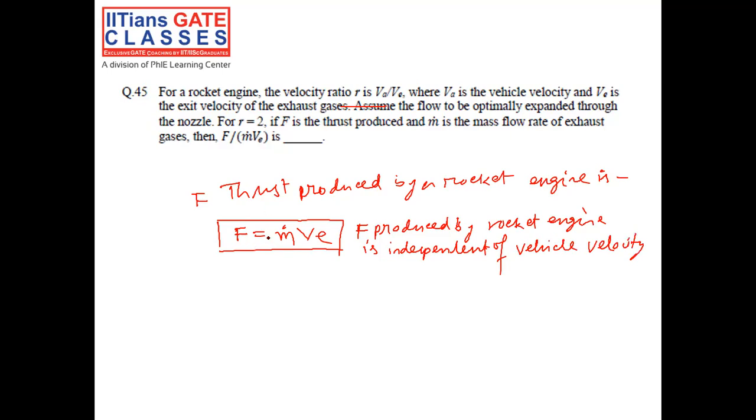So it doesn't depend on the ratio of the vehicle velocity and the exhaust velocity. So F by m dot V_E, from this equation you can say this will be 1. This will always be 1 irrespective of the vehicle velocity.